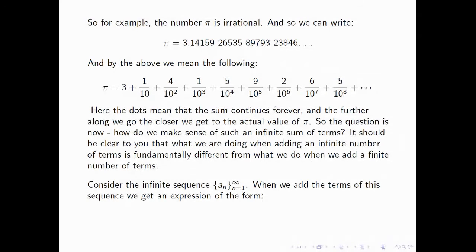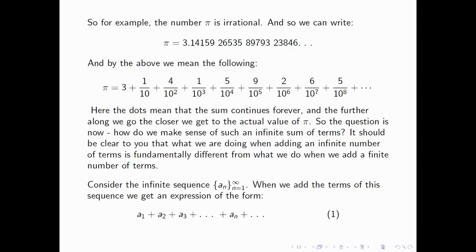If I'm going to add an infinite number of numbers, then I'm doing something fundamentally different from what you've been doing in school when you add numbers up to today. And so this is the topic for this lecture: what does it mean when we add an infinite number of numbers, and does it in fact make sense to talk about such a thing?